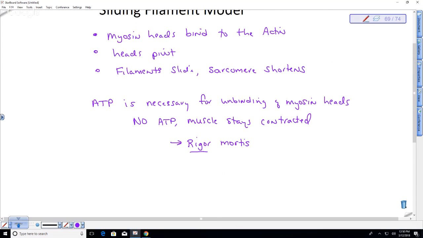Now, rigor mortis could last a while, but oftentimes decomposition causes it to go away. So decomposition would be where the bacteria and the fungi get into the body and start to break it down and cells start to fall apart. And so decomposition happens and rigor mortis ceases.